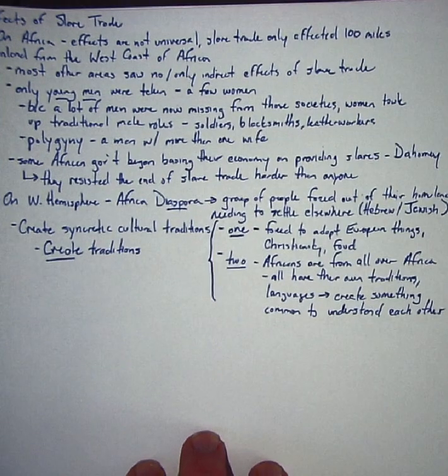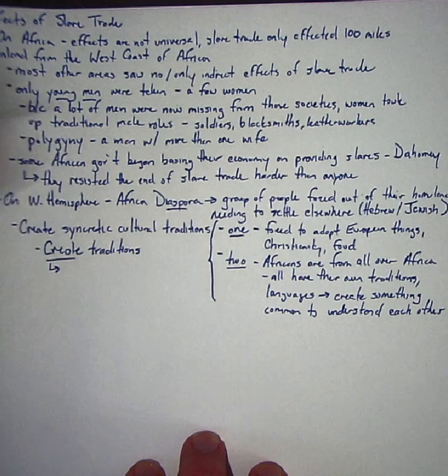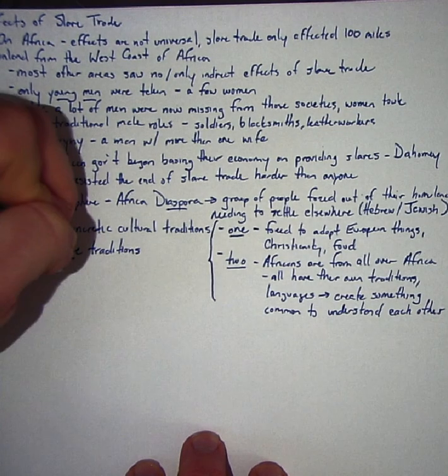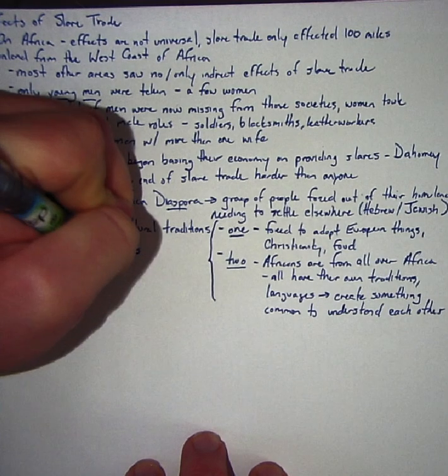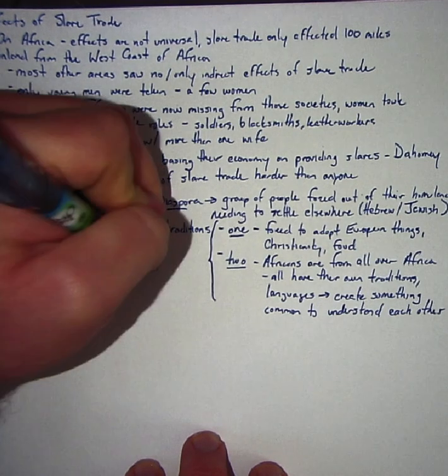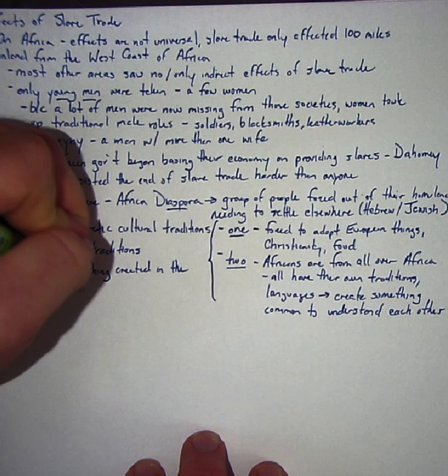Now, we've seen the word Creole before. Creoles were part of the Spanish colonial social hierarchy. And we're going to use this term again to denote something created in the Western Hemisphere.